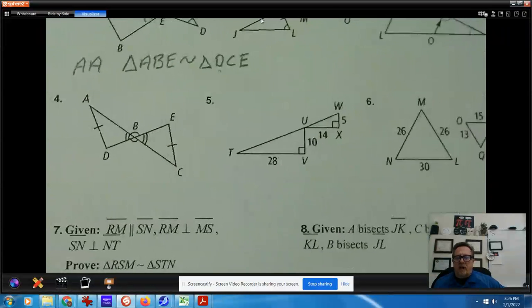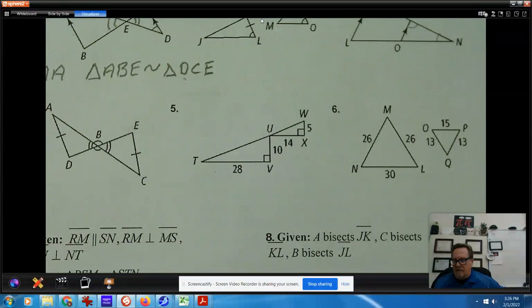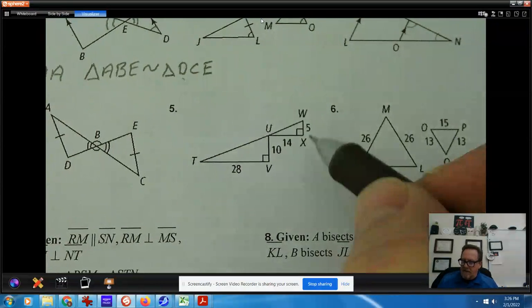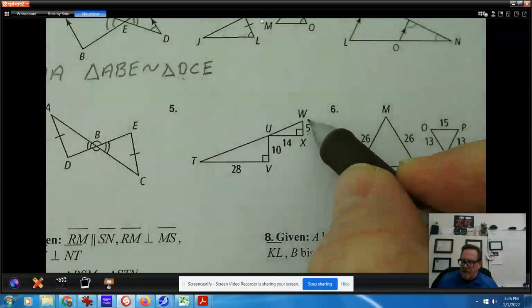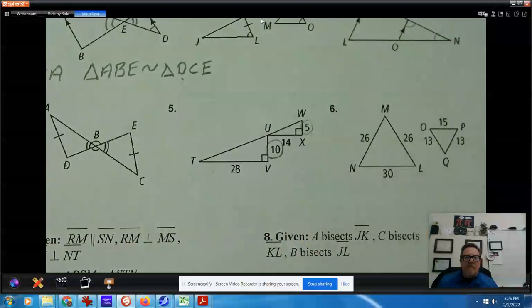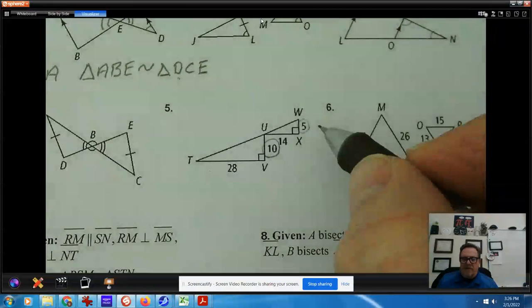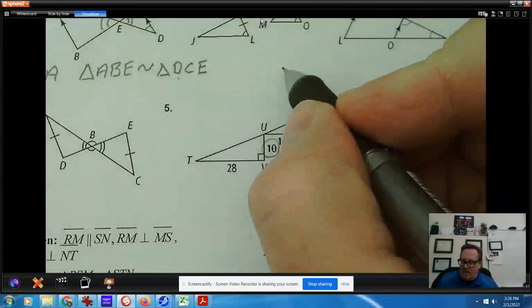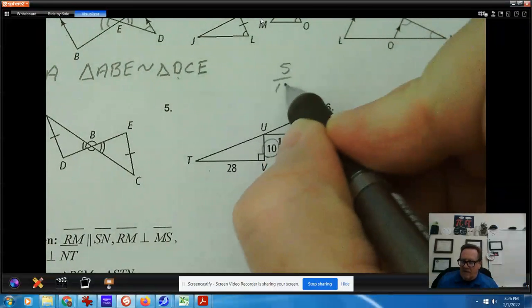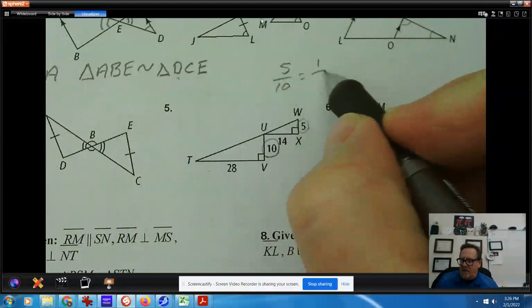Let's take a look at 5 real quick. I'm looking at 5 and 10. Those are corresponding sides. And they're in a ratio of 5 to 10, which if we simplified it, we would get 1 to 2.